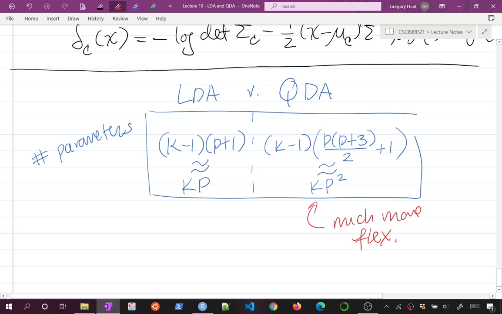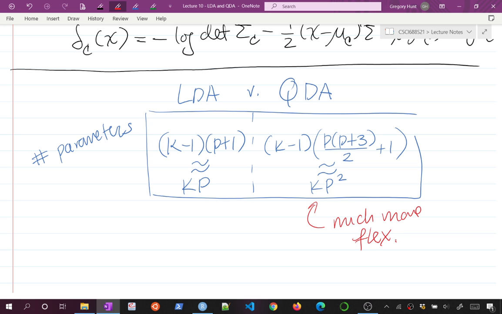The number of parameters is kind of the dimension of this functional space in some ways, right? So we have a higher dimension of possibilities for QDA, a richer set of functions that we can estimate. And so it's more flexible, and that comes with some advantages and some drawbacks.